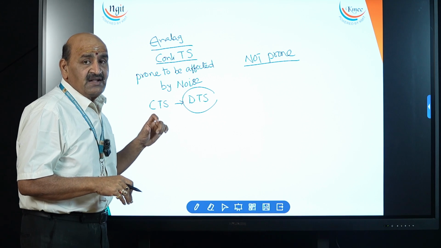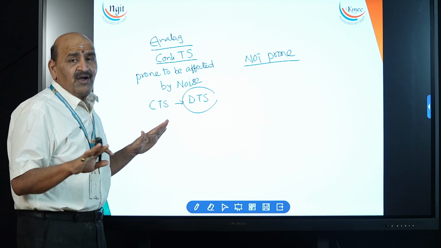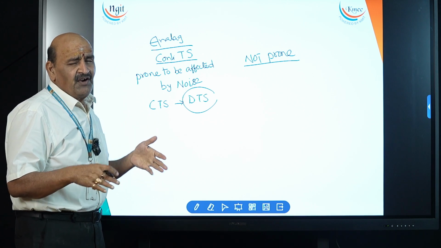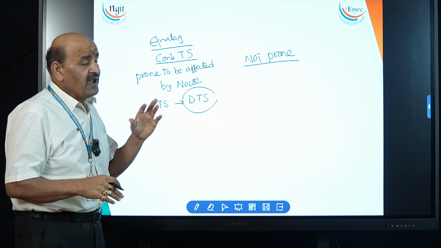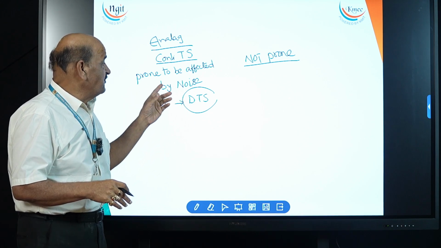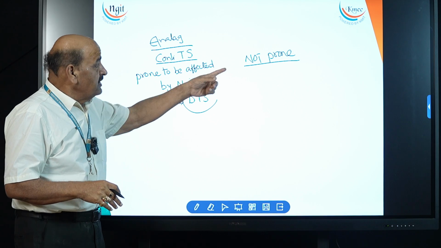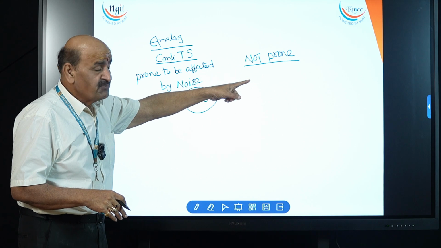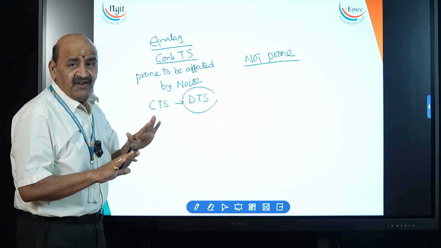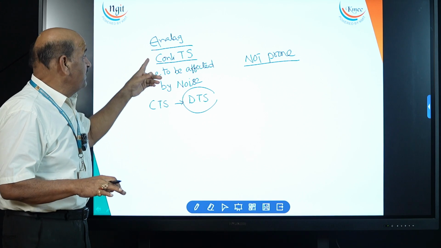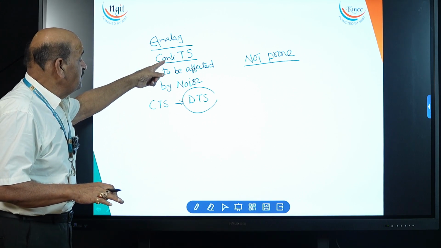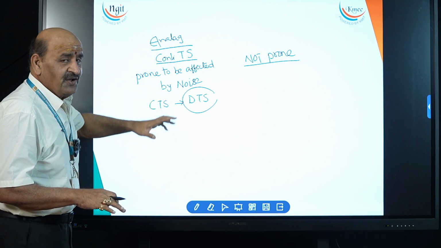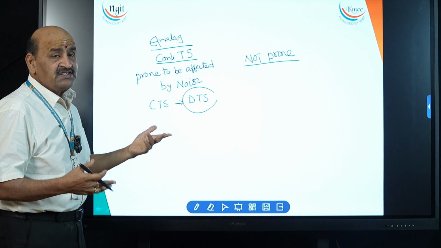These discrete time signals are not prone to any kind of noise in the weather, noise due to cable wires, due to systems, or power ups and downs. All these effects we call noise. So discrete time signals, that is digital systems, are not affected by any kind of noise. Continuous time signals are used by analogous systems and will be affected by noise. That is the reason for the efficiency of digital.